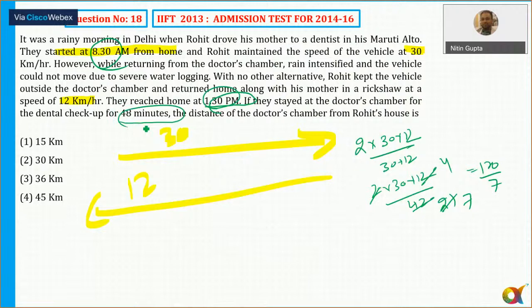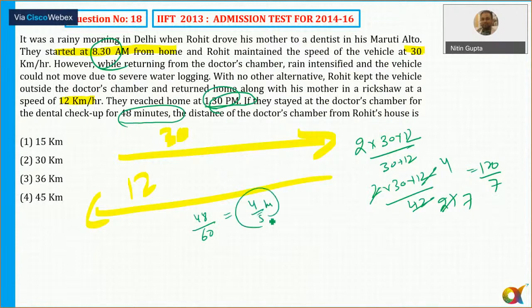So 8:30 to 1:30, what is the total time? 8:30 to 1:30 क्या आ जाएगा? 5 घंटे. 5 घंटे में 40 मिनट्स वो रुक गया. So 48 minutes means what? 40 by 2.